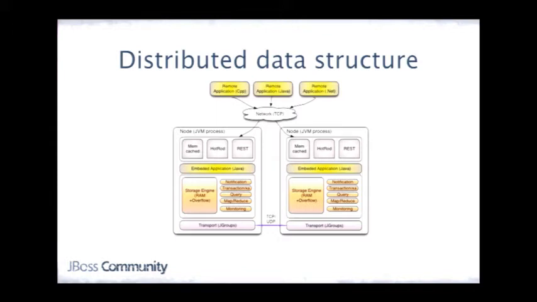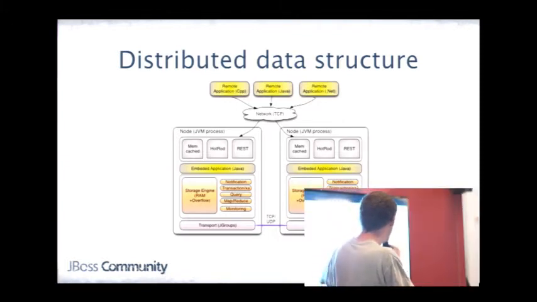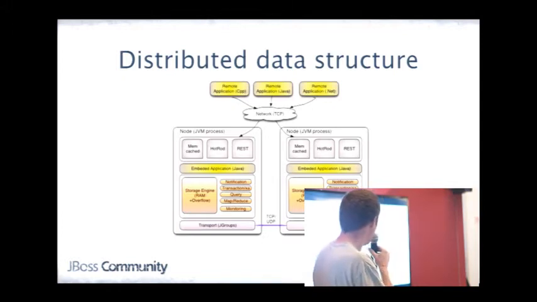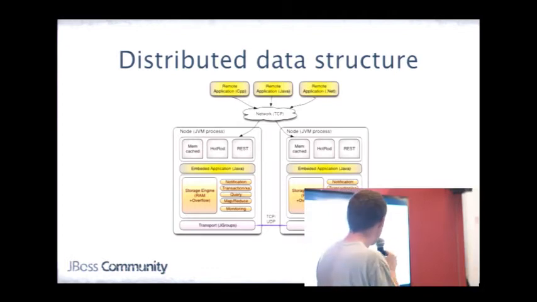For transport, we use another JBoss project, JGroups, which is a reliable multicast library. Then on top of JGroups, Infinispan adds a storage engine, which is primarily based on memory, but allows you to overflow data to disk just to achieve more durability.